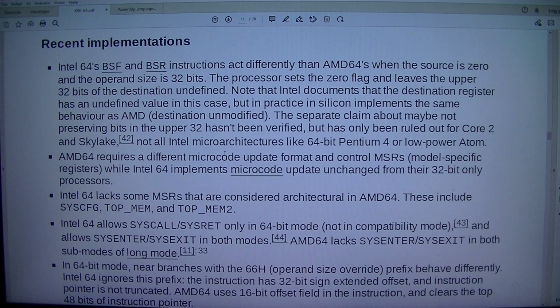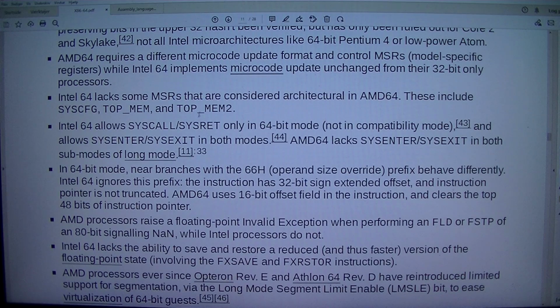Not all Intel microarchitectures do, like 64-bit Pentium 4 or low-power Atom. AMD64 requires a different microcode update format and control MSRs, model-specific registers, while Intel 64 implements microcode update unchanged from their 32-bit only processors. Intel 64 lacks some MSRs that are considered architectural in AMD64.